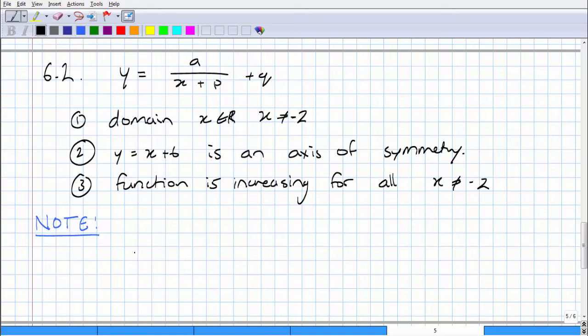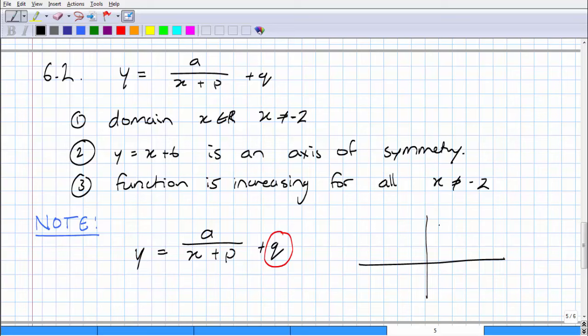If we look at y equals a over x plus p plus q, this q value is the vertical shift. If we draw our graphs, the standard graph looks like that, and like that, where our asymptotes are at 0 and 0, so x 0, y 0.